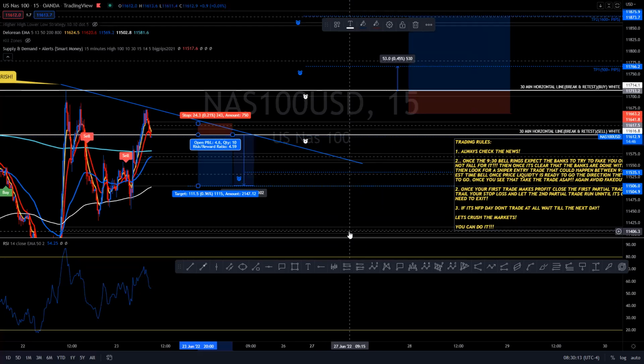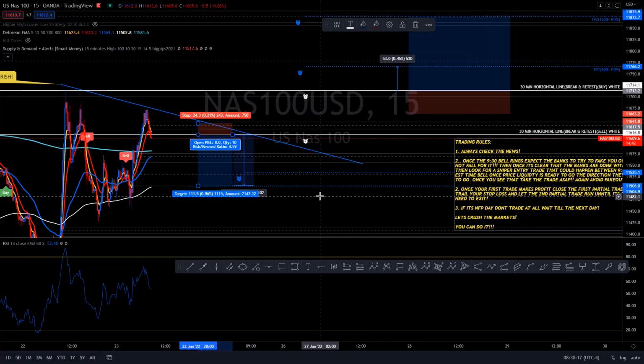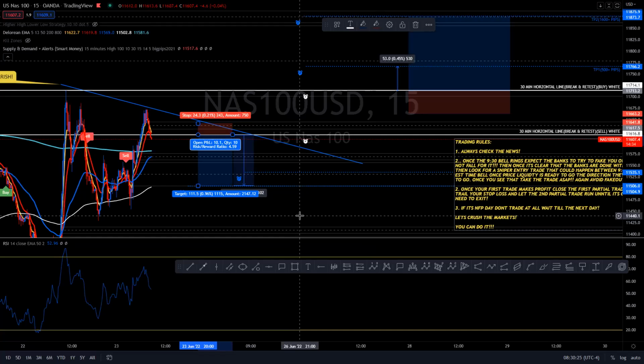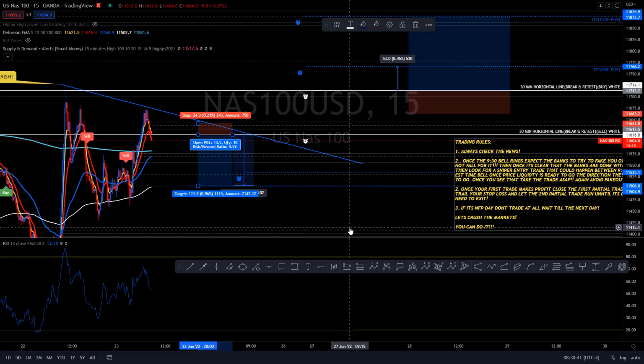If this news candle goes below, it might be a decent sell here already. Jump in real quick on this sell.